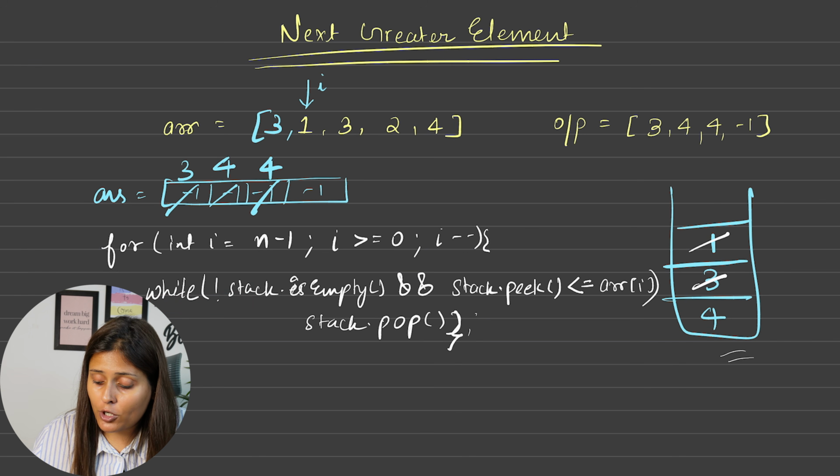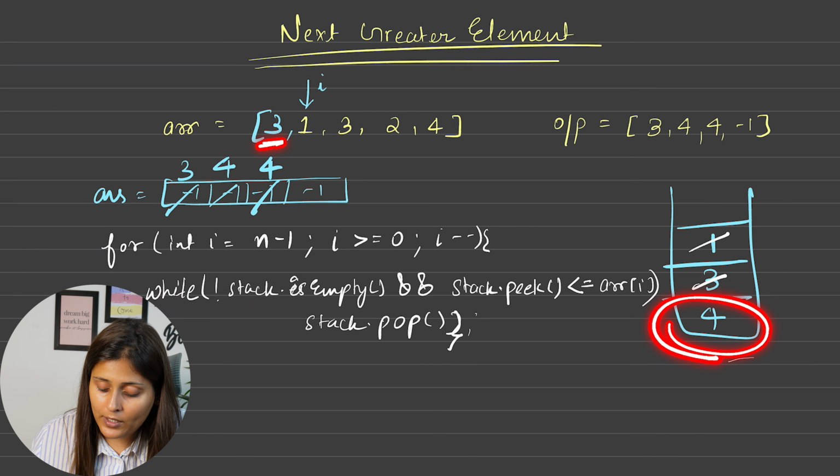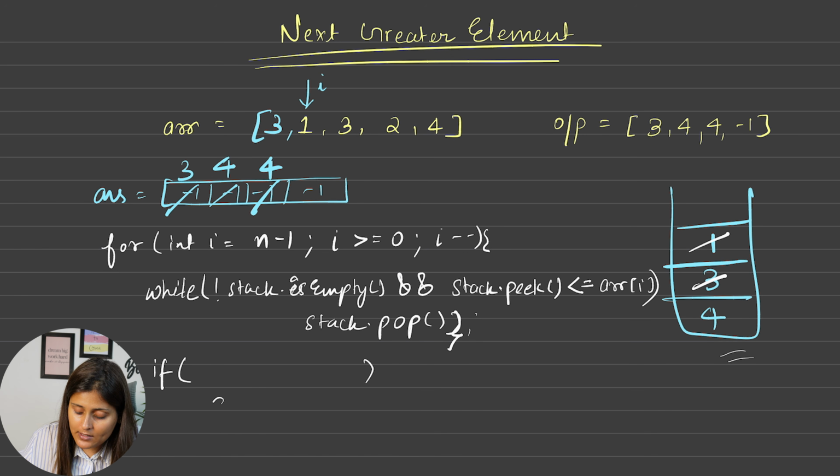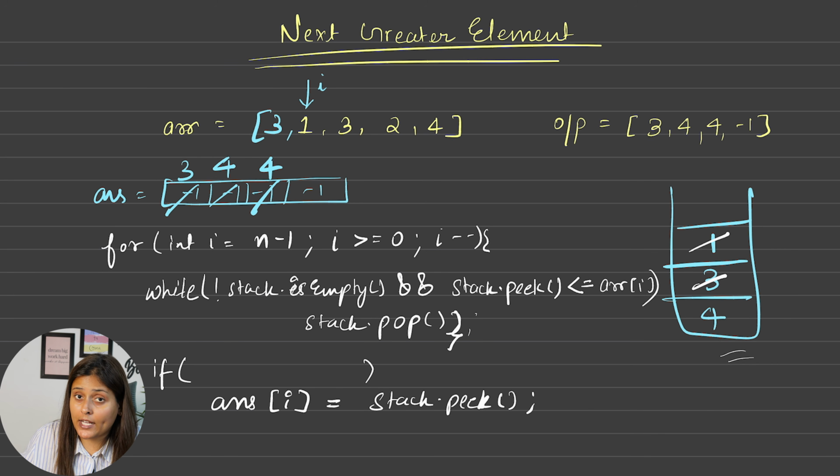Now for this 3, I want to put this 4 in my answer, correct. So I want to put in answer of index i the stack.peek, but before doing this peek operation, I have to check that my stack is not empty. So again I will do if not stack.isEmpty, meaning if my stack is not empty, then I would like to put this answer.